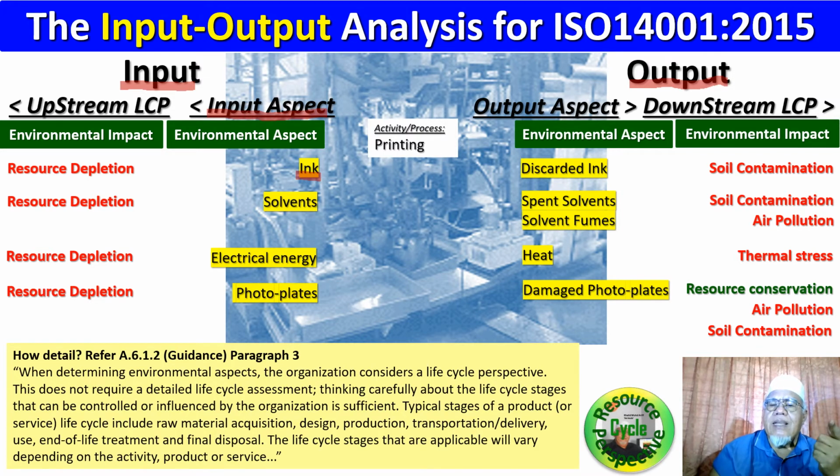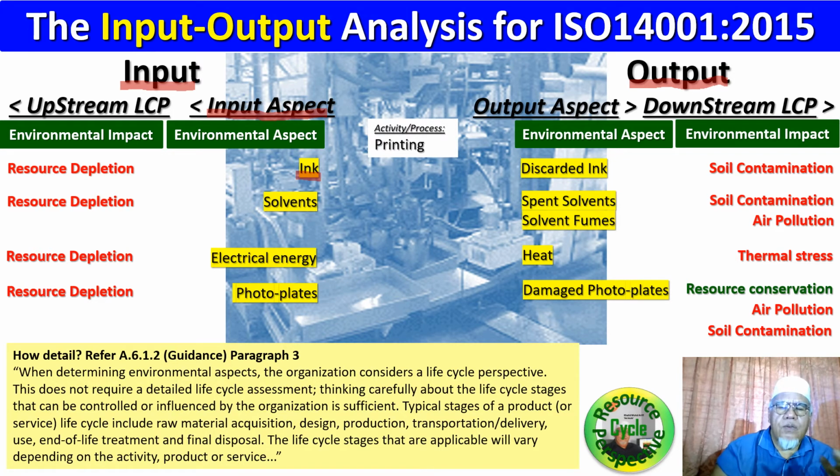And ink is an aspect. What is an aspect as per the ISO 14001 version 2015 definition? An environmental aspect is an element of our organization that interacts or can interact with the environment.